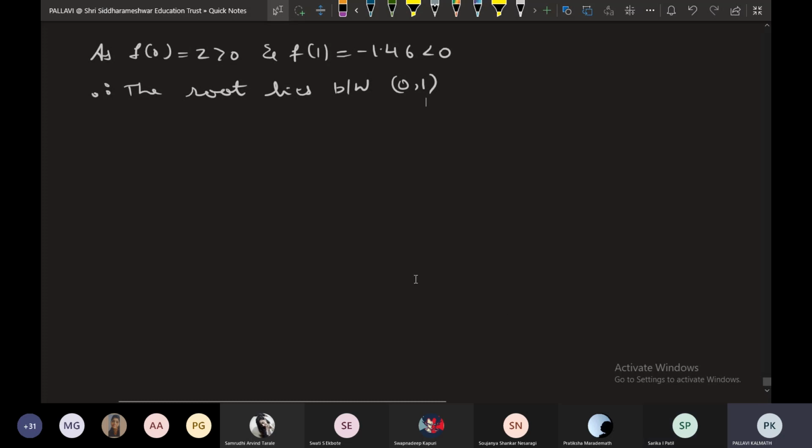Then how to reduce? F of 0 is how much? 2. F of 1 is minus 1.46. Which value out of these two is closer to 0? Minus 1.46. Okay, everyone agrees for this.